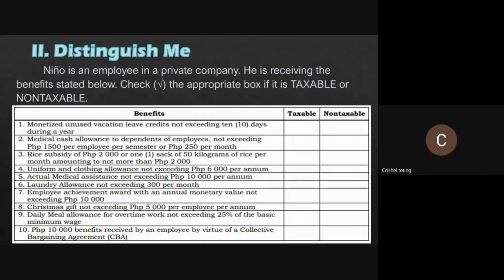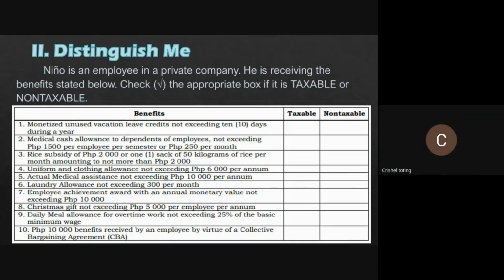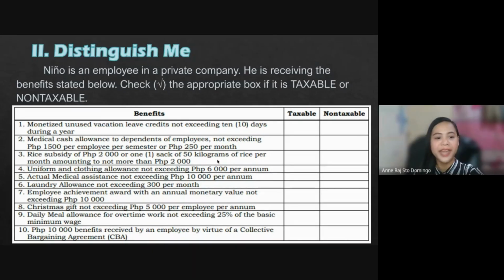Number 6, laundry allowance not exceeding 300 per month. Non-taxable. Yes, very good, Christian. Number 7, Jamaica. Okay, very good, Jamaica. That is non-taxable.